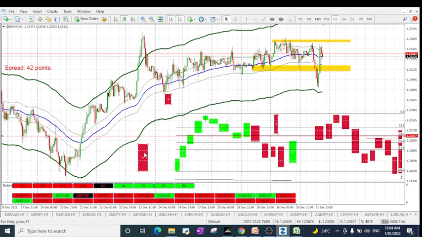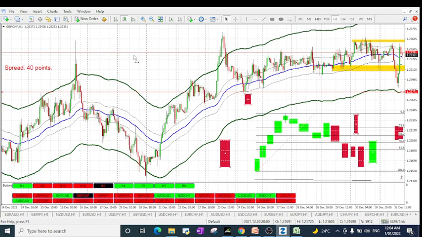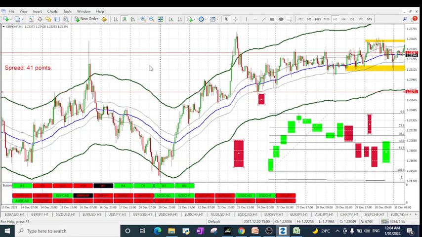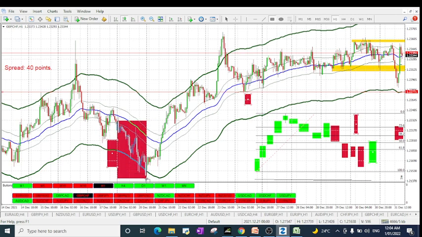Whenever you have a big red candle, let me do this. If you get a big red candle on a daily chart, so if this is a daily candle, it could look something like this on the hourly chart.